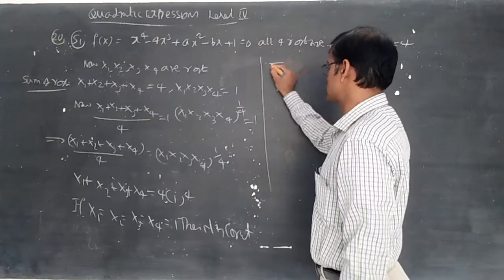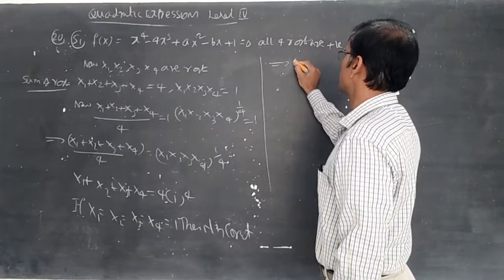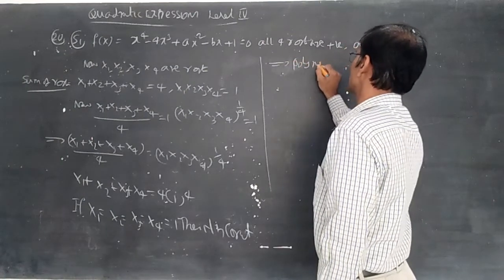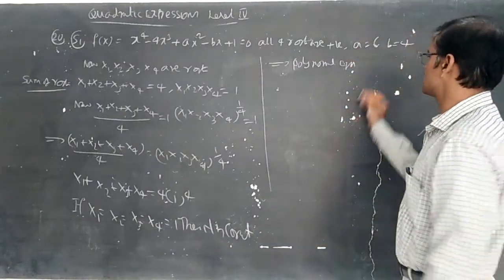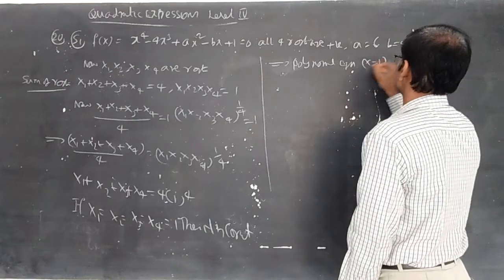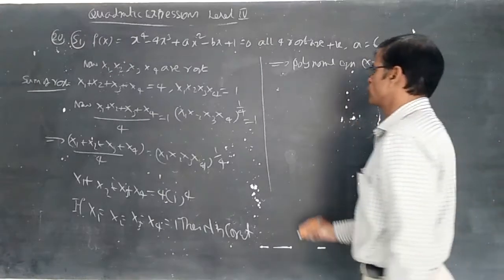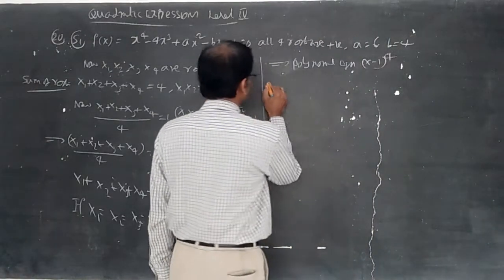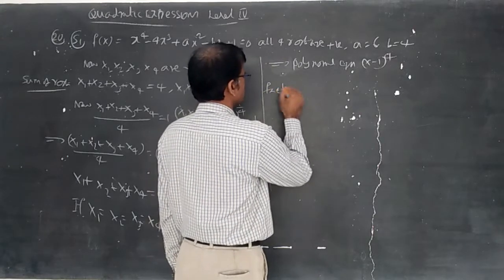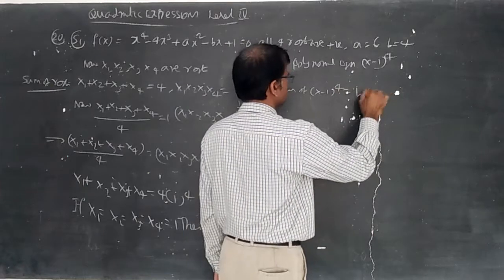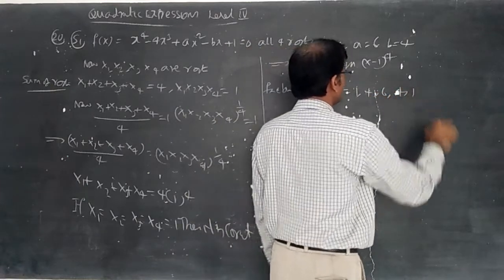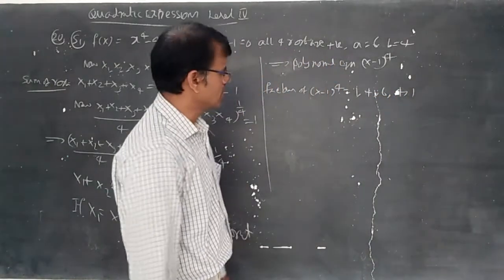That implies the polynomial equation, or biquadratic equation, you can write as x minus 1 whole power 4. Expanding, the coefficients of x minus 1 whole power 4 are 1, 4, 6, 4, 1 according to Pascal triangle.